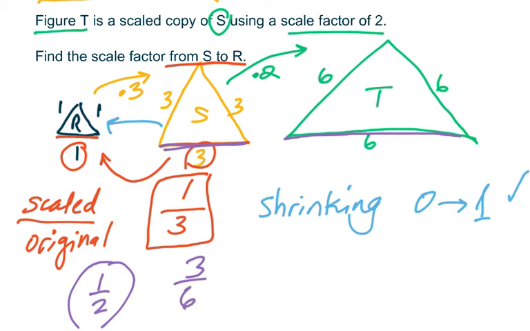That would be finding the scale factor from T to S, which is a good problem, but not the problem we're working on here. And that 3/6 simplifies to 1/2. So my guess is if you had 1/2 for an answer, it's because you were using the wrong pair of corresponding side lengths from the wrong pair of triangles.